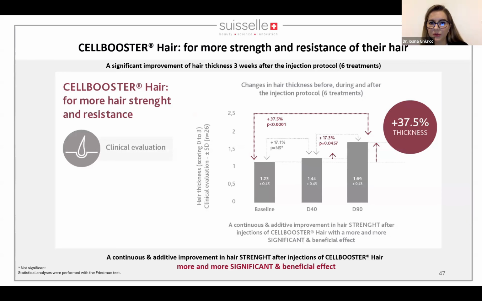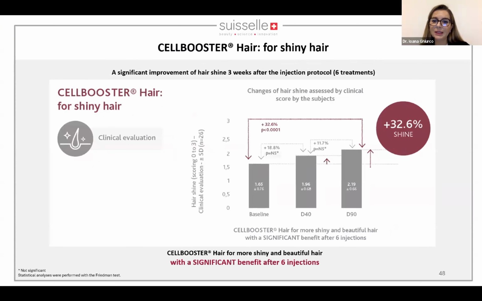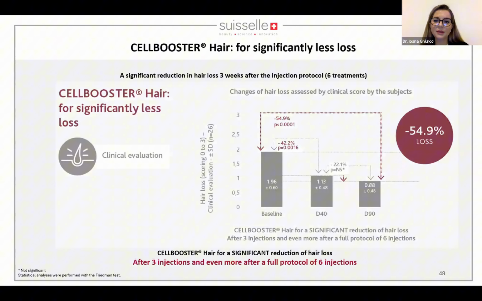From a clinical point of view, they obtained very good results regarding hair thickness, with an improvement of more than 37%. Next slide. More than 30% also in shine of the hair. Next slide. And a very good decrease in hair loss of over 50%.